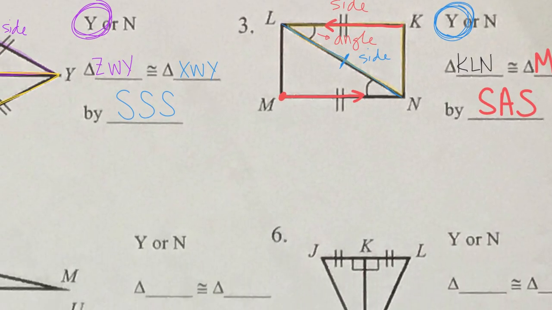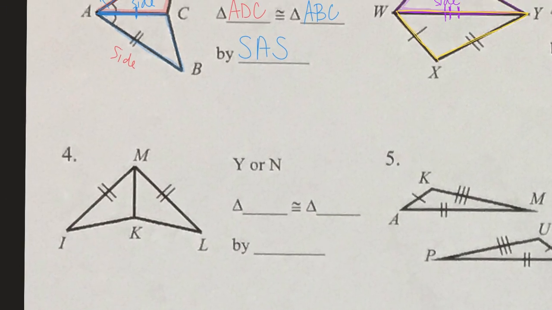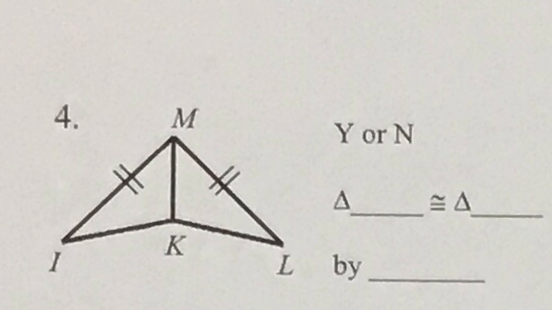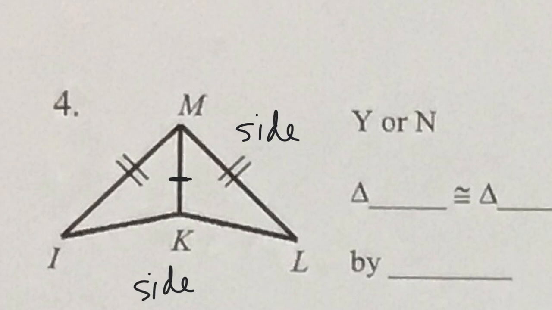Hopefully it's not looking too difficult, and no, they're not all side-angle-sides or side-side-sides. Let's see. This one, what information are we given to begin with about our triangles? Side. What can we add ourselves? The reflexive side, MK. Is there anything else that we can add?